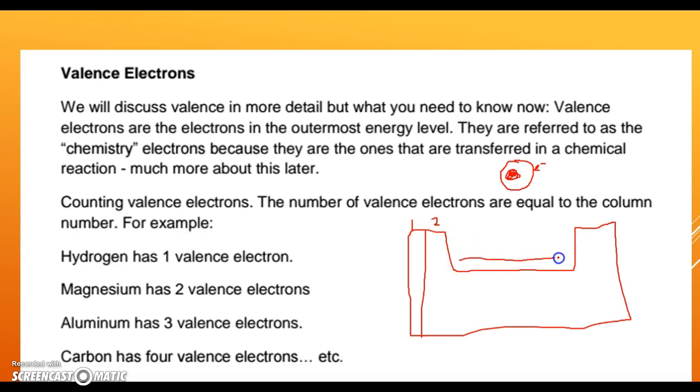These are much more complicated as we go across here. Then this starts out at number 3 over here, and it goes up to number 8. 8 is the number of valence electrons in the noble gases. So for example, hydrogen, which is the first one up over here, has 1 valence electron. Magnesium's in the second column here, so it would have 2. The third column is where aluminum lies, and the fourth column is where carbon lies, and so forth.